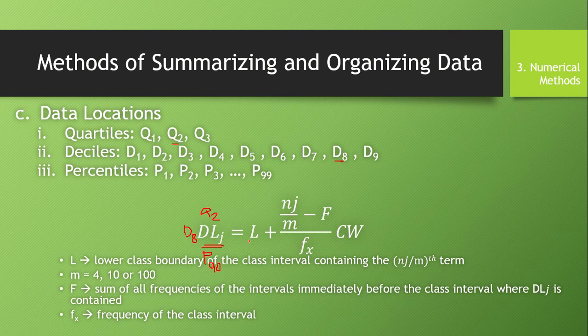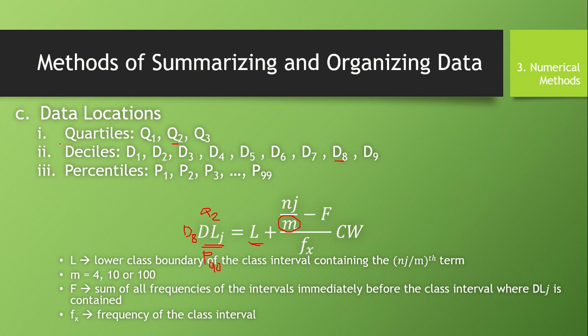Your L refers to the lower class boundary of the class interval containing the Nj over M's term. So therefore, this formula here can be used for grouped data. So Nj over M's term, that's N, the sample size, times J divided by M. Now M here would depend on what type of data location you are going to get.